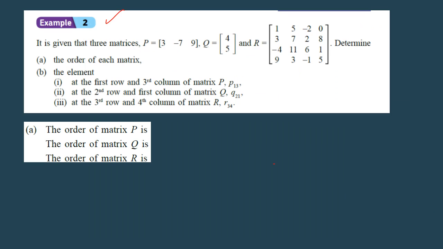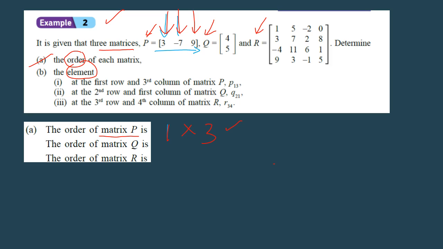Okay, now we'll see how to determine the order and elements in a matrix. You are given 3 matrices, your P, Q, and R. So first we'll determine the order. For matrix P, one row by 1, 2, 3 columns. So 1 by 3. The order is 1 by 3.